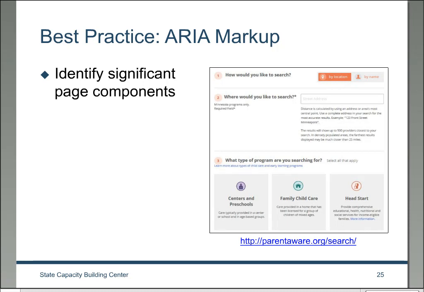And the last best practice, and I'm really going to touch on that briefly, is ARIA markup. ARIA stands for Accessible Rich Internet Applications, and it's a set of attributes that is kind of an elaboration of HTML.